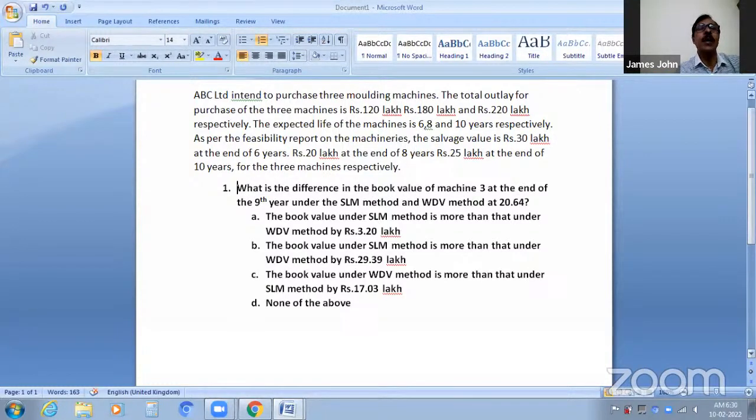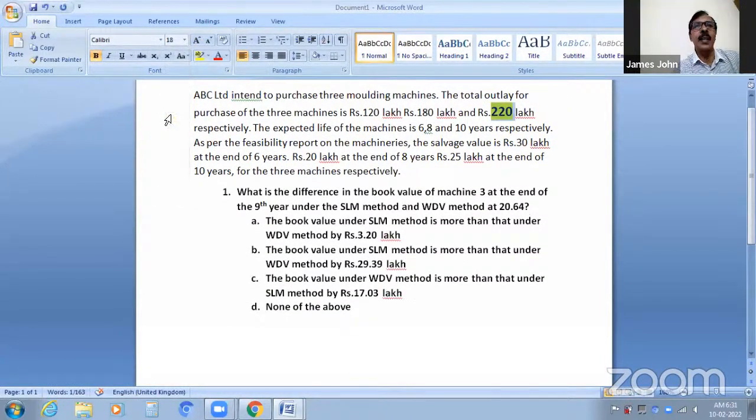What is the difference in the book value of machine 3 at the end of 9th year under the straight line method and the written down value method at 20.64%? A little bit confusing to you. See, you have to calculate the book value of machinery 3 at the end of 9th year.